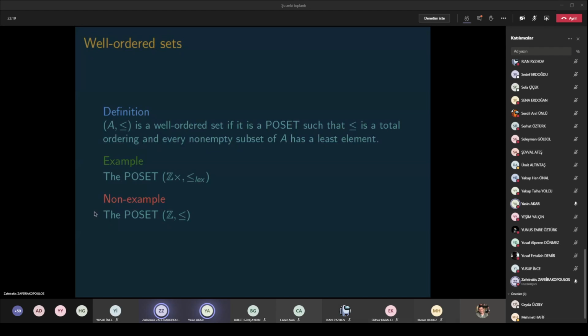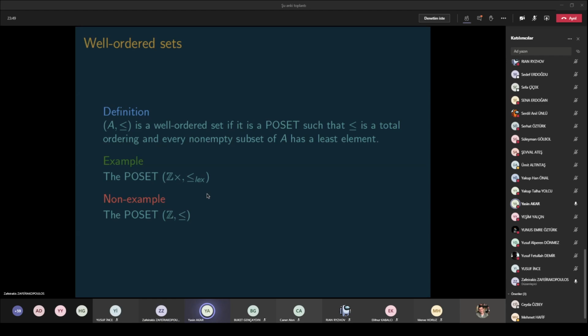So, sir, I think we can say for the second one, we cannot guarantee that any subset we select is ordered. No, to be well ordered, it means that every subset must have a least element. For example, the first one is ordered according to lexicography, right? That's why we can say this is a poset.